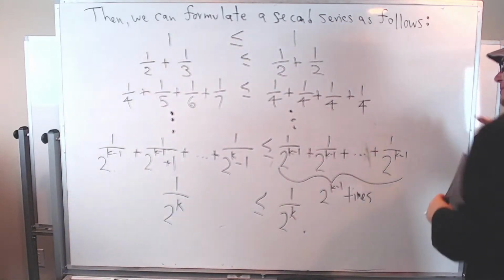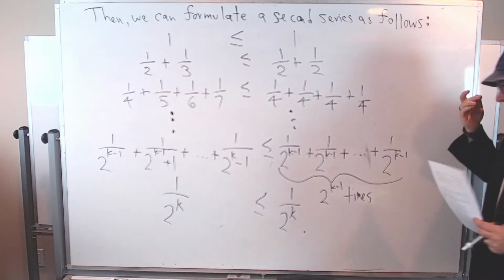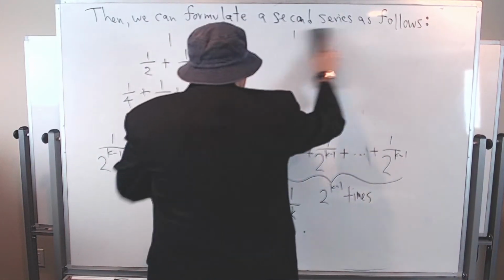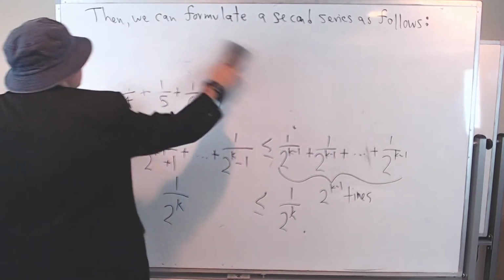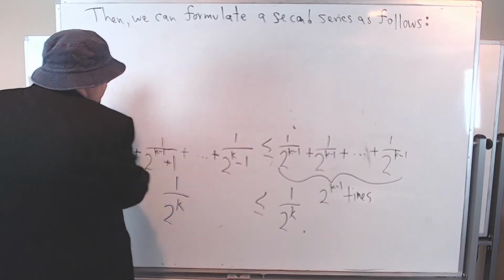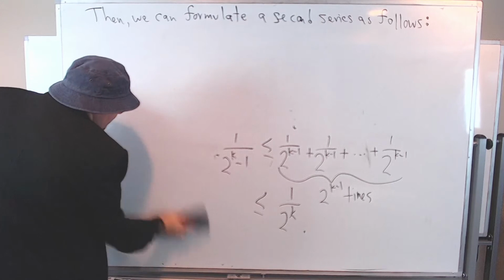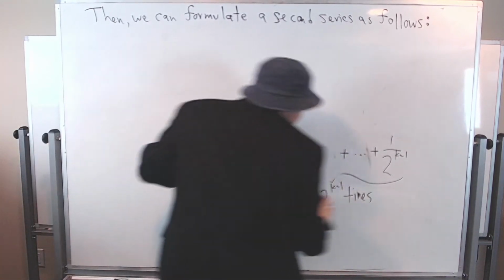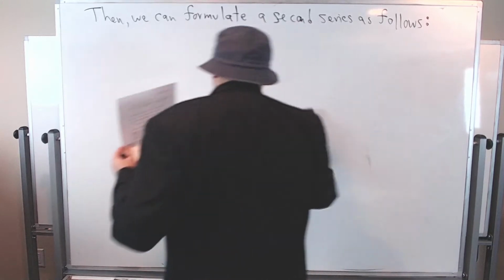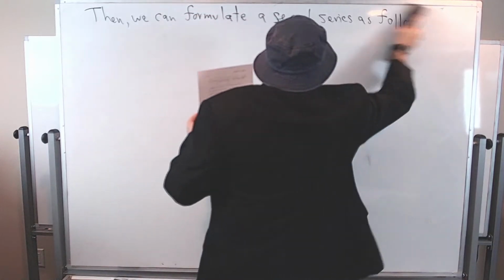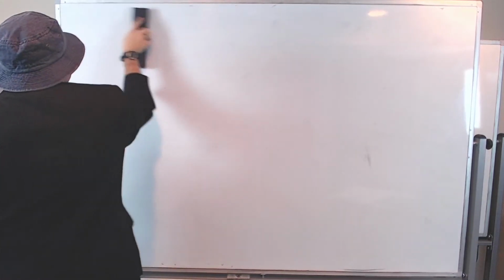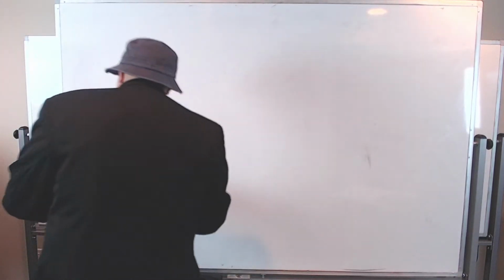Now this is where all of this lovely trickery will actually come into play. So the second series is the one I wrote on the right. If you're careful, you could write it out as a double summation. I'm not going to do that here. So I've written out the second series. Now I'm going to use this in a very interesting way.